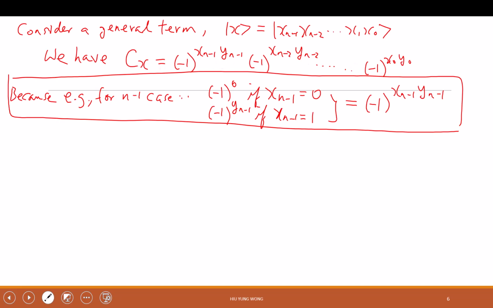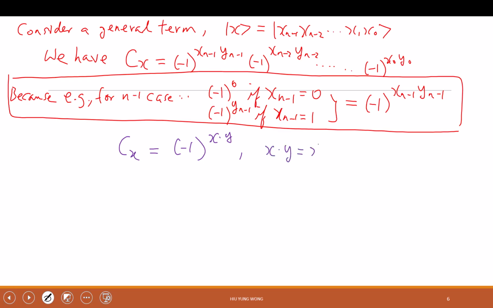Okay, maybe you can ask me later. Let me finish this. I think I didn't explain it well, right? But after all, let's just learn how to use it. So what is this? Cx is just equal to negative 1 to the power x dot y. This is not multiplication. This is actually an inner product or exclusive OR. So it's x dot y.